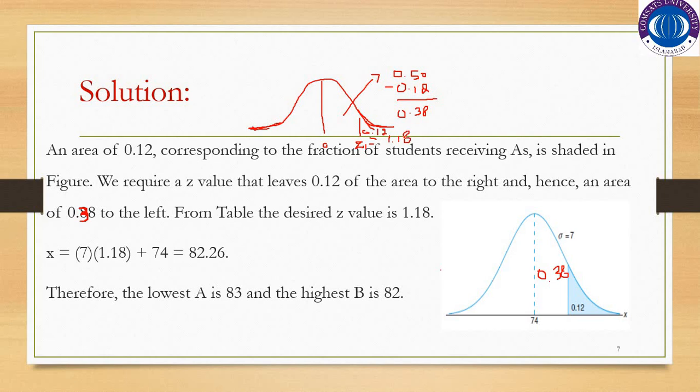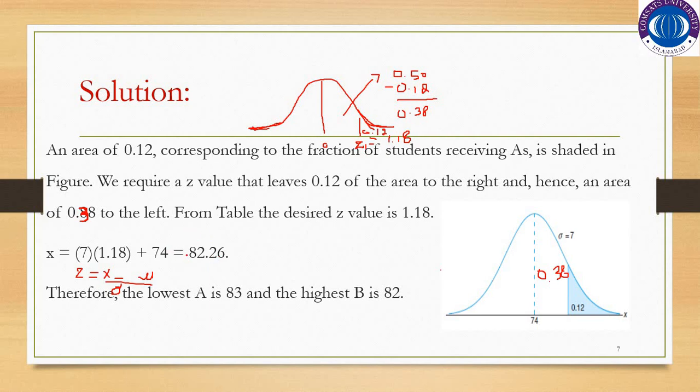This is the way to find the value Z. By substituting it in Z is equal to X minus mu over sigma, where sigma is 7, Z is 1.18, positive because it is at the right side of the mean, and mu is 74.